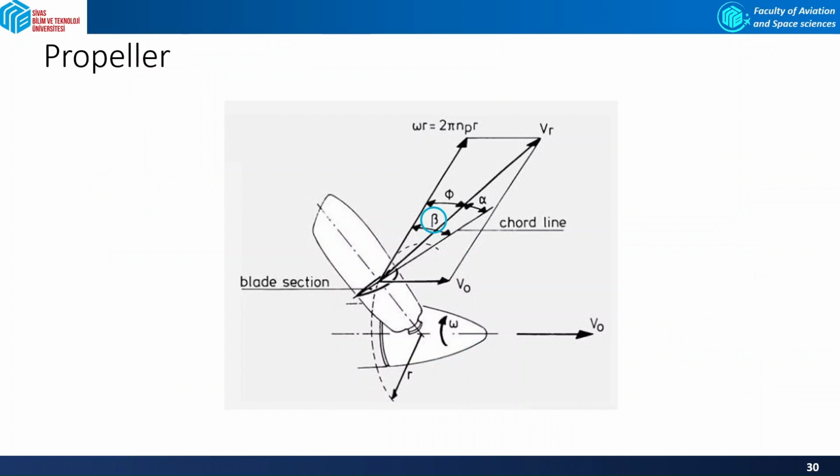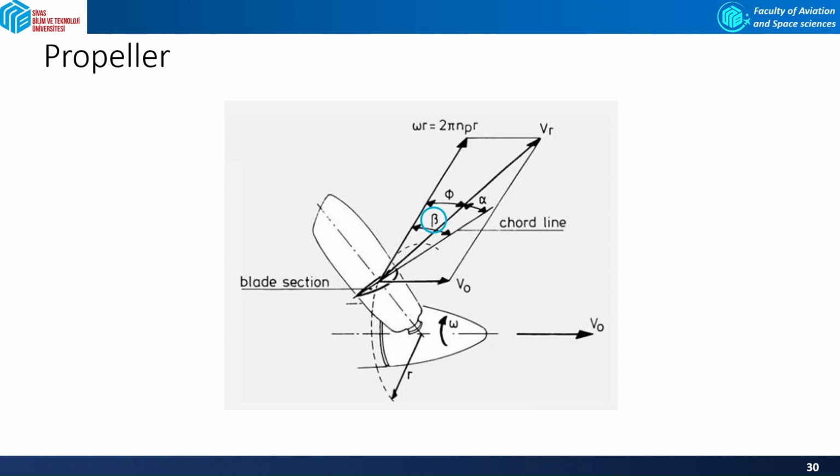Okay, as I said, we can consider a propeller engine as well. So here you see a figure of a propeller. There is a blade on the propeller, and it is essentially a rotating wing, and it is creating lift and drag because it is a wing.